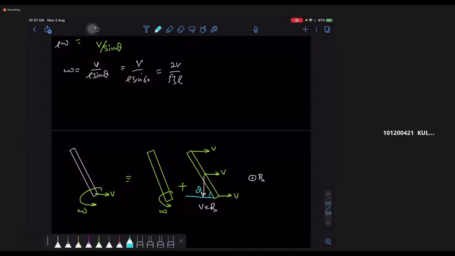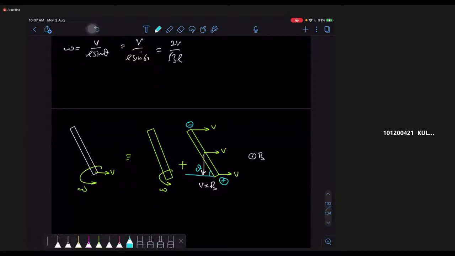In V cross B you can consider the angle. This side is going to have the positive terminal, this side the negative terminal. So because of translation, first we can find the EMF. Translation gives me V cross B dot L.